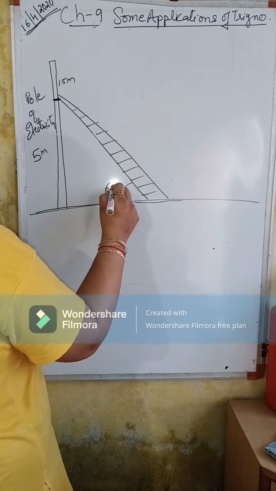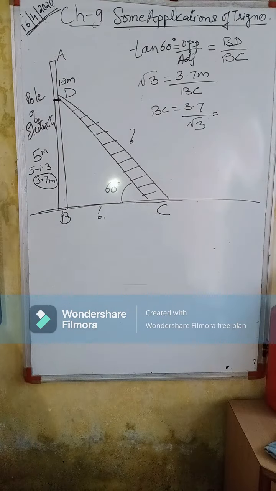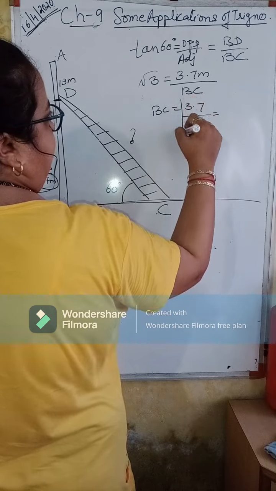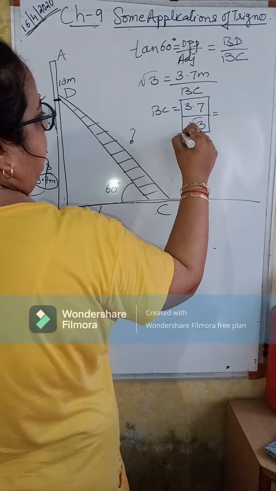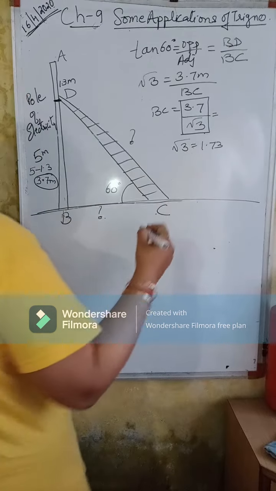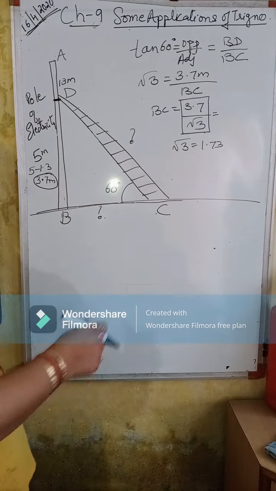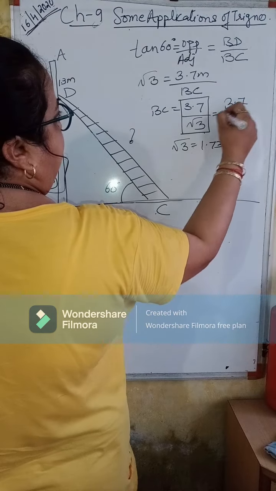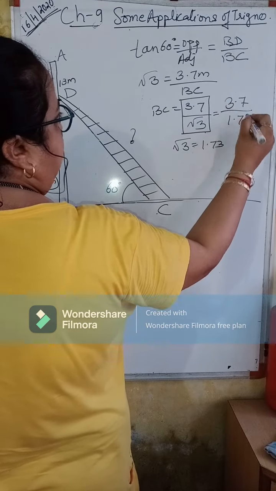Put here the BC. BC is equal to 3.7 upon root 3. Okay. If you want, you can put the value of root 3. Root 3 value is 1.7. If you write this, then also your answer is correct. But if you put the value of root 3 is 1.73. Yes, it is given in the question 1.73. So you have to put here, so 3.7 upon 1.73.